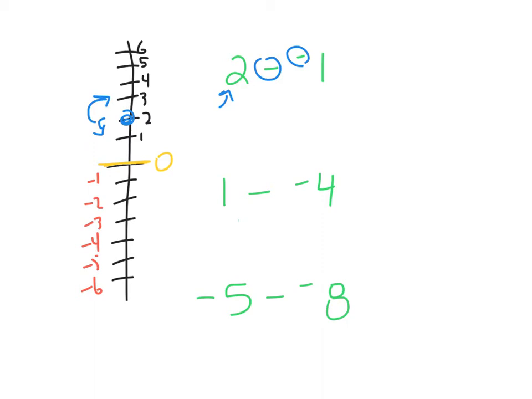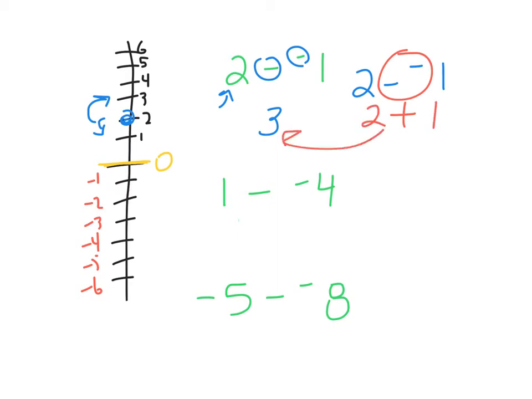So it's kind of like we're facing backward, down, but then we're going to take a step backward and we end up at 3. So if we take a look at this 2 minus negative 1, it's almost like we took these two signs and we turned the double negative into a positive, and it became 2 plus 1, which gave you the 3.